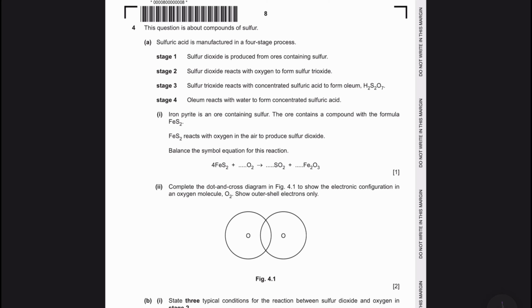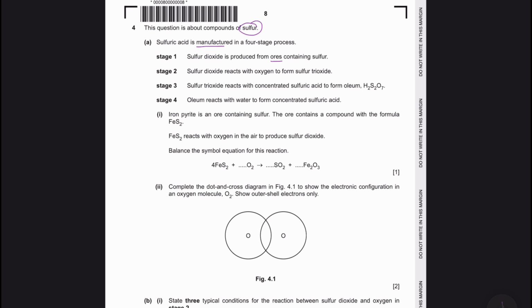Welcome back everyone, and we're on to question 4 of May, June 2025, paper 43, chemistry. This question is about sulfur. Sulfuric acid is manufactured in 4 processes. The first stage, sulfur dioxide, is produced from ores containing sulfur.